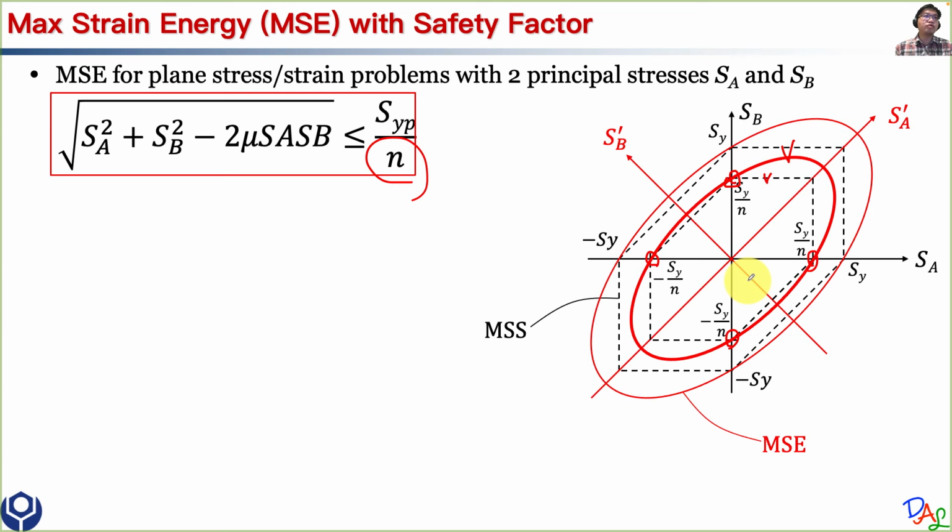Just for you to know, the design limit will shrink a little bit when you have safety factor. So this will be the final equation that we will use for the course.